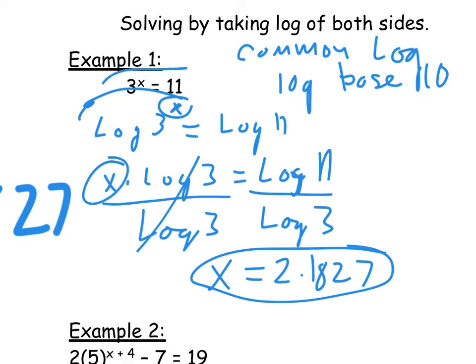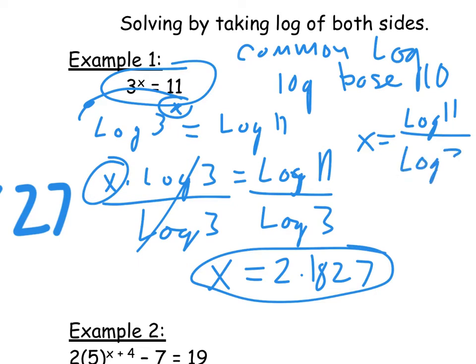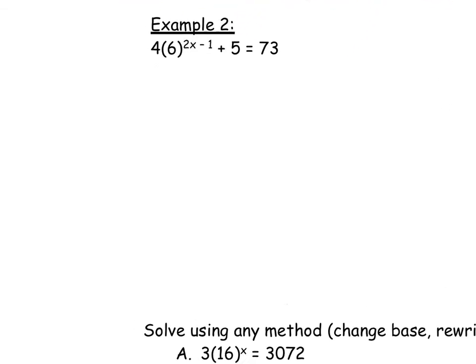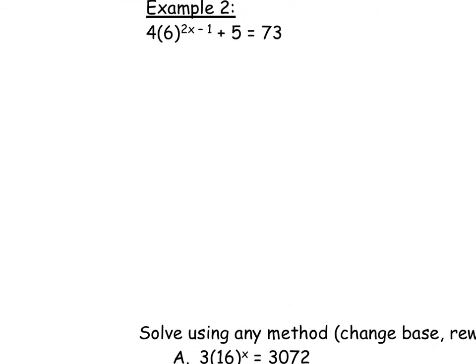So basically, if you have a problem like this, you take the base, which is 3, and you just say x equals the common log of 11 on top and the common log of the base 3 on the bottom, and that's your problem. So it's just another way that you can solve them, rather than using the common log base button. But I'll use that here now so we can kind of get back to normal, but that is another option.